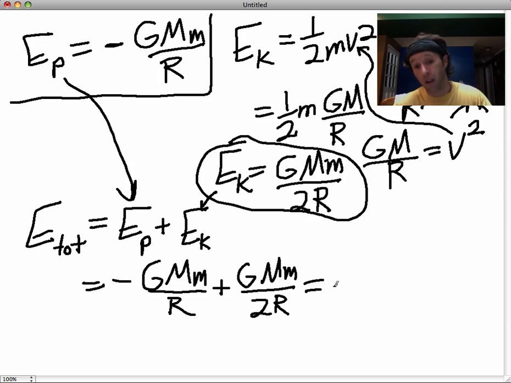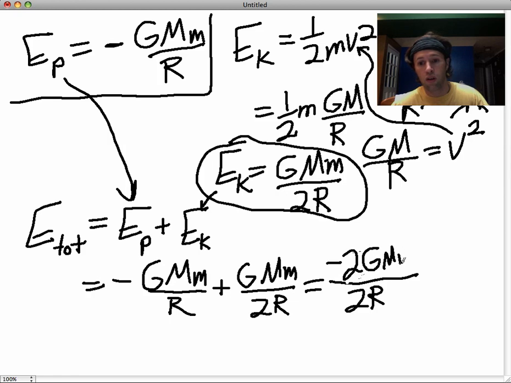And now you have to add fractions, which no one likes to do, but you just have to find a common denominator. How about 2r? What a great denominator. You end up with minus 2GMm plus GMm. I had to do some finagling to get that common denominator there.